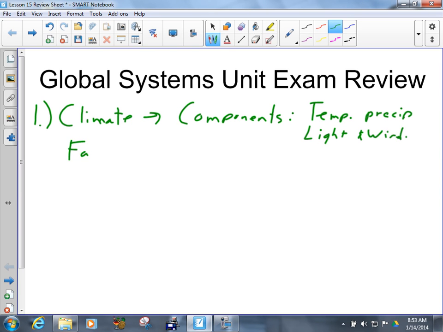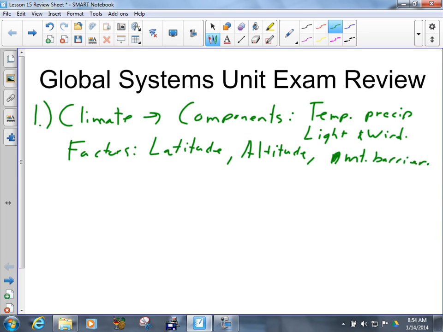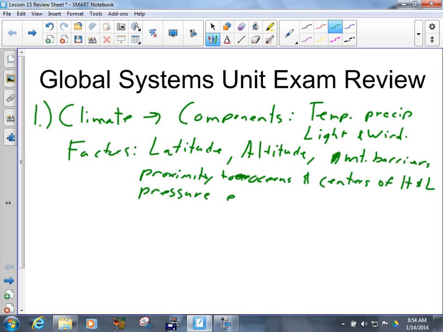And the factors affecting are latitude, altitude, presence of mountain barriers, proximity to oceans, and centers of high and low pressure, etc. All right, so make sure you know the difference, and make sure you're able to, at least in some way, describe what effect those factors would have.